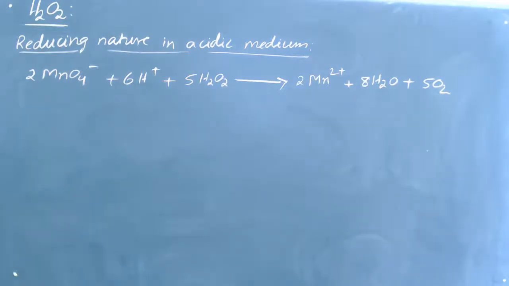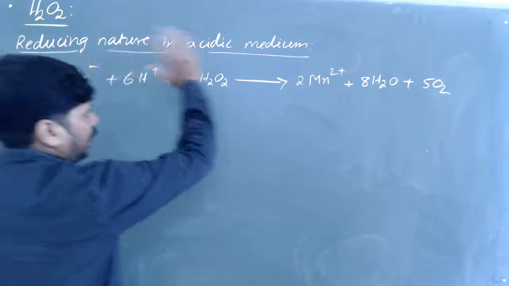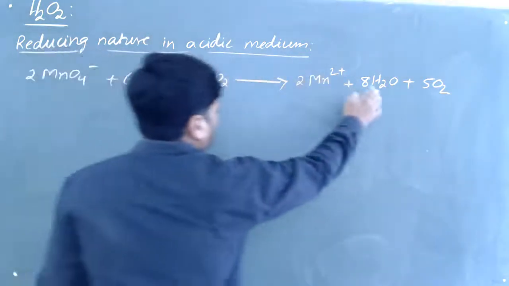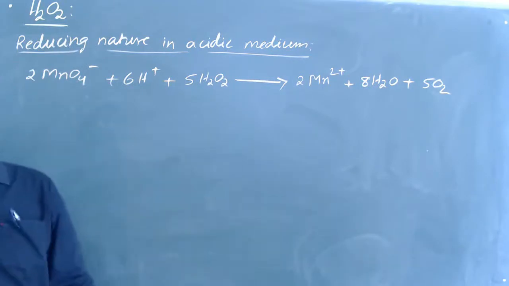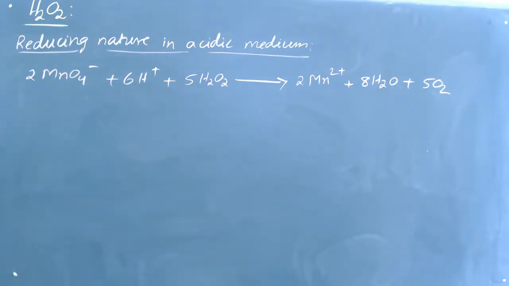The permanganate gets converted to Mn2+ in presence of the medium, giving rise to Mn2+ and H2O, and oxygen liberation takes place in this acidic medium reduction.